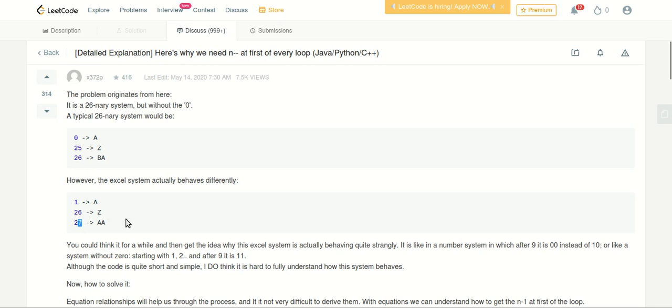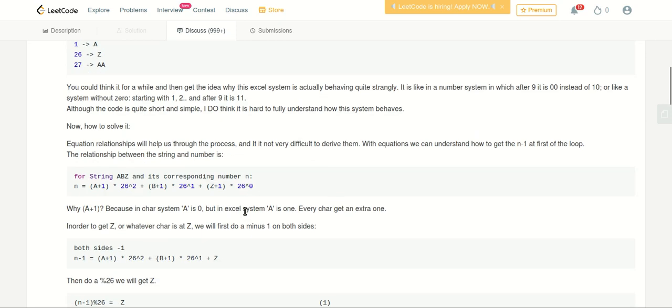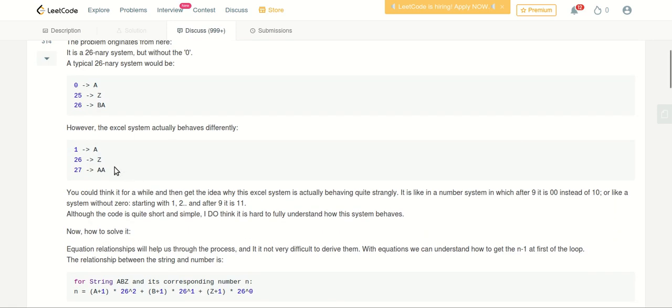Like if this is 26 and a is 0, then definitely this behaves differently, like 27, which is a. So that's why we need to subtract 1 each time to accommodate for 0.